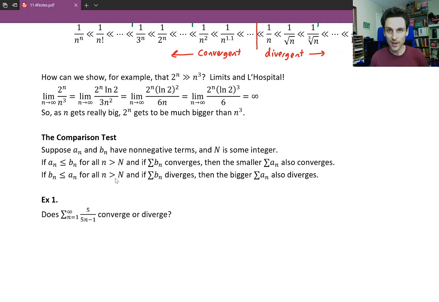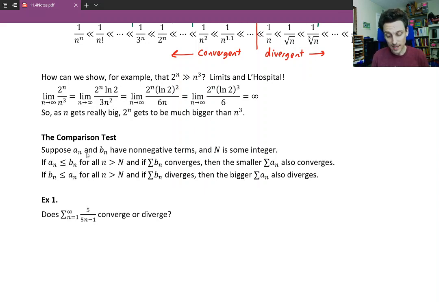And it's not too surprising because in the last section we were making that strong connection between the improper integrals and series, saying that if the integral converges, then the related series would have to converge as well. And similarly, if the integral diverges, then the series has to diverge as well. So we've made that connection with the integral test. So it makes sense that the comparison test would work very similarly.